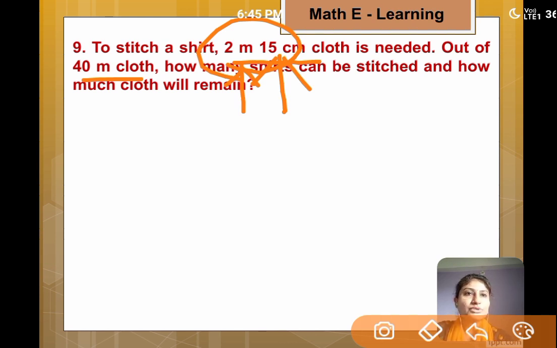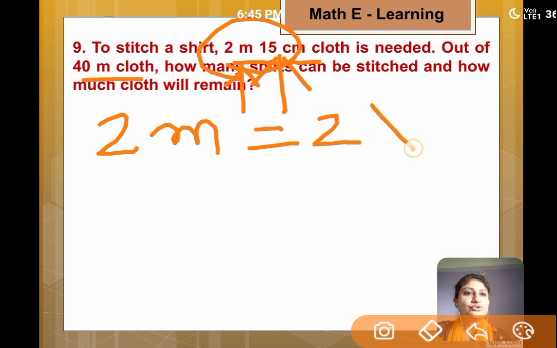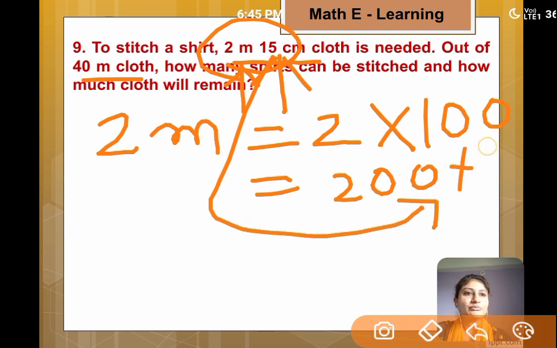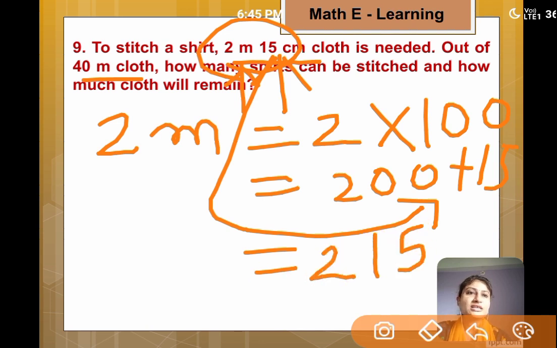So how to do conversion? 1 meter is equal to 100 centimeter. That's why 2 meter is equal to 2 multiplied by 100 is equal to 200 centimeter. We add this 15 centimeter to 200 and we get 215 centimeter.